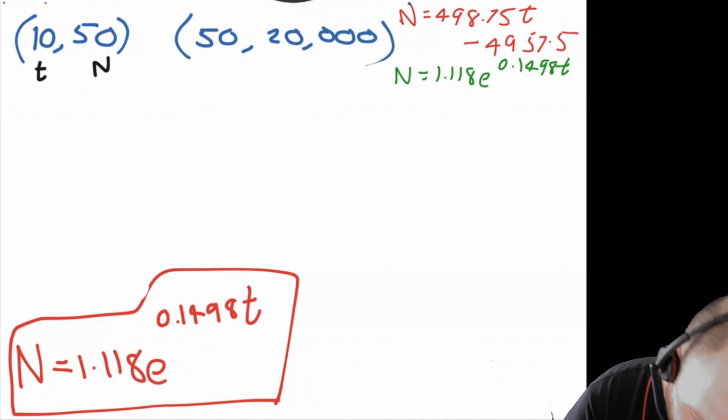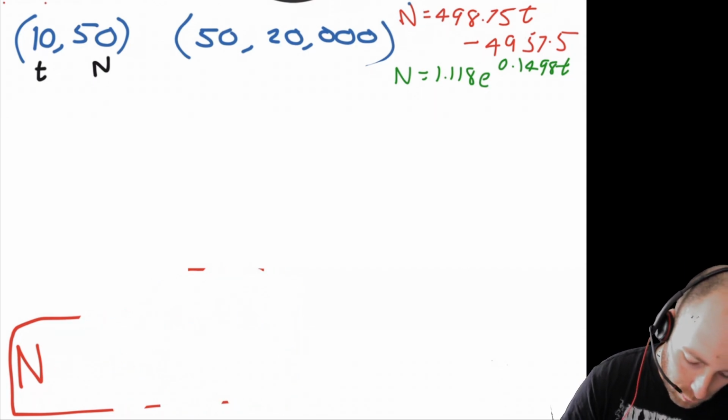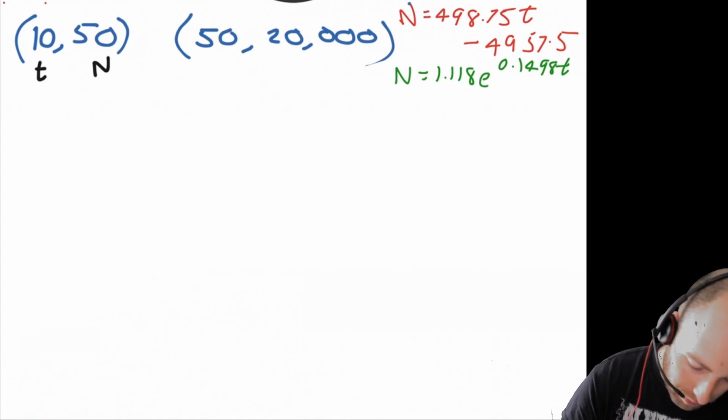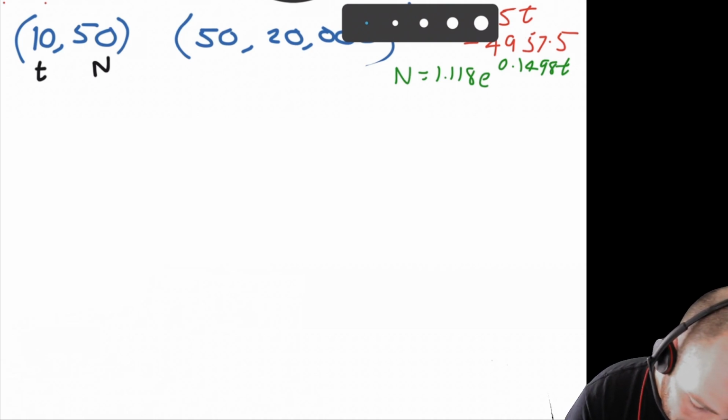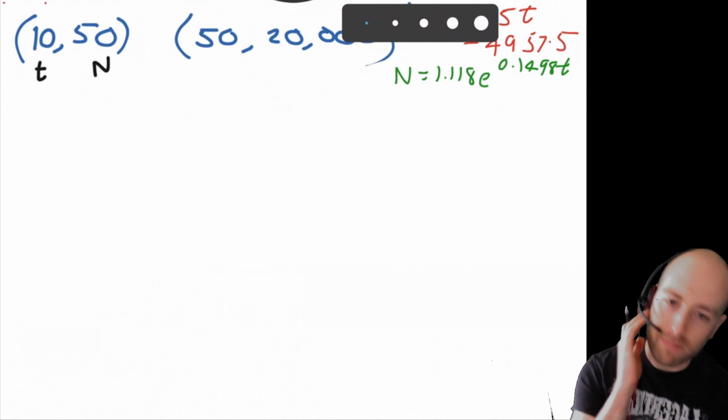Ooh, time for one more, I reckon. So we're going to try a log to linear form model, or a log model. So we're going to assume an equation. Actually, should we do that?